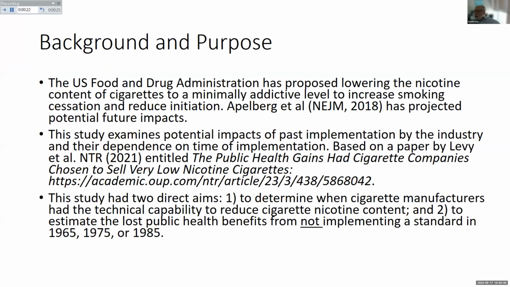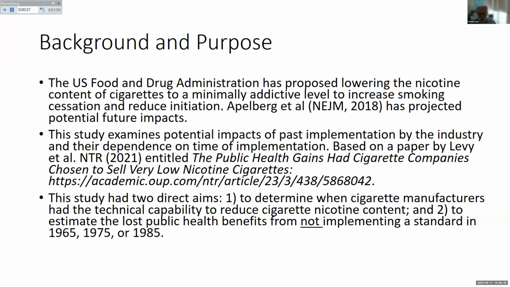This follows the earlier discussion by Mitch Zeller, which showed that they knew that this was important, and they knew how important it was, and they could have done something about it, but they didn't. And then I'll provide some modeling to show the public health benefits from not implementing a standard at various points in time. So those were the two aims of the paper.